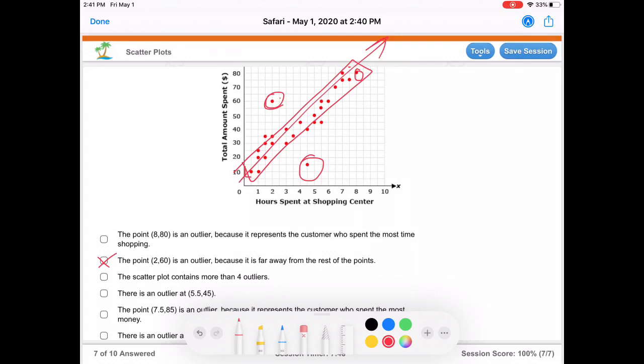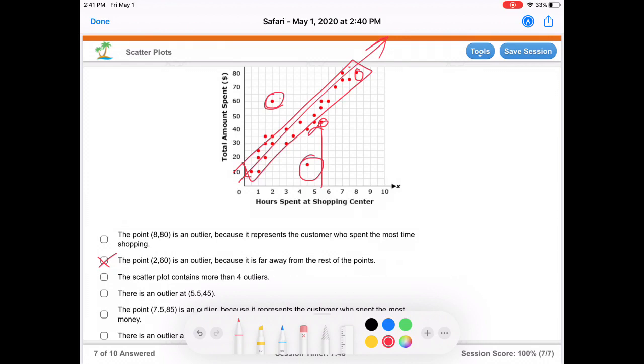There is an outlier at 5.545. That's incorrect. It's actually at 4.515. 5.545 would be right about here. It's that point. That's not an outlier. That's close enough to the rest of the data for it not to be considered an outlier.